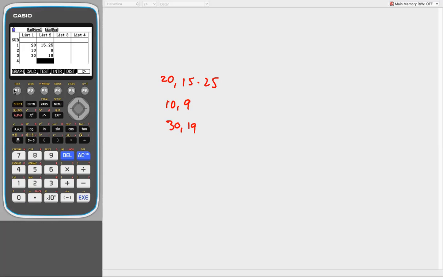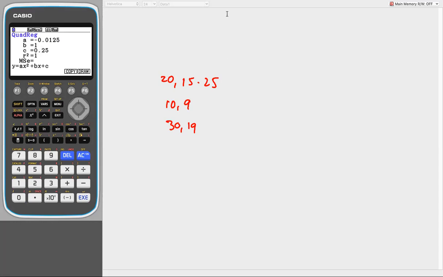Now you can just press graph 1, so you get a general idea about where the points are. Then press calc. You will see there is an x squared regression here. So press x squared, and you can see the equation passing through these points.